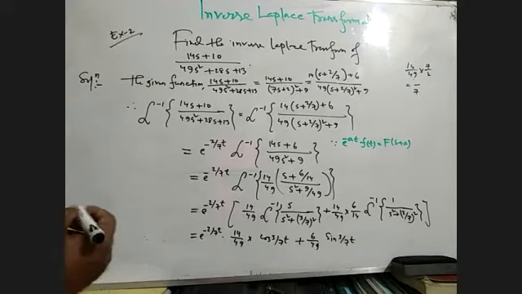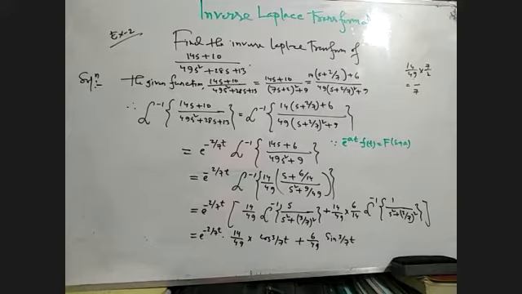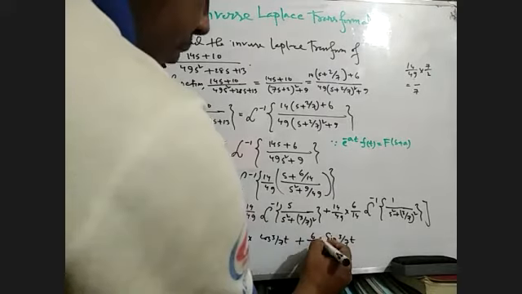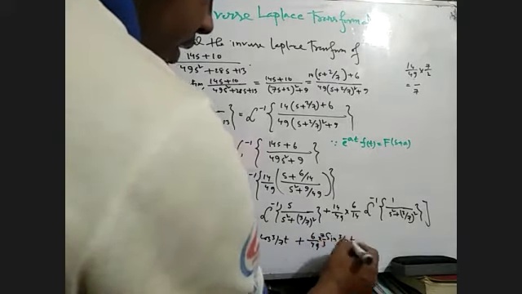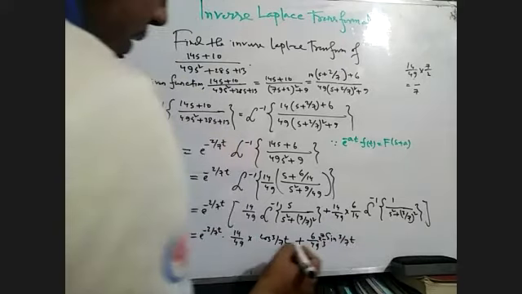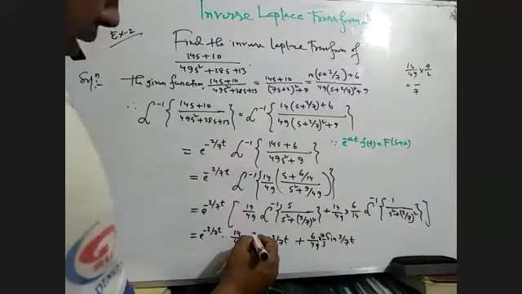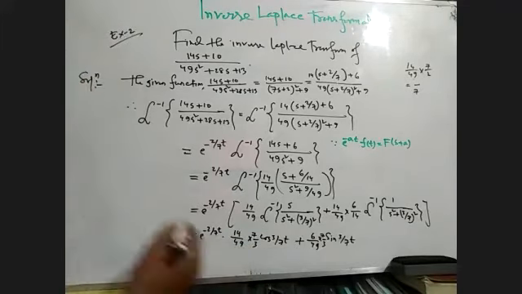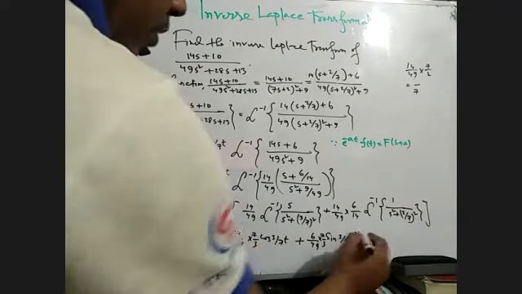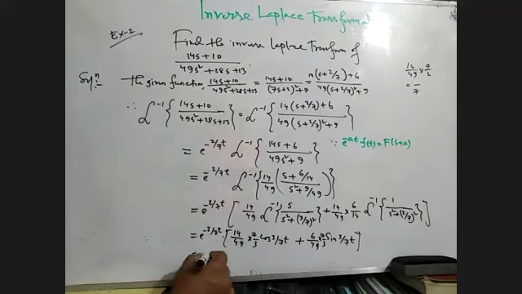Six by 14, 7 by 3 multiplied, and here will be 7 by 3. So after this line, e to the power minus 2 by 7t.